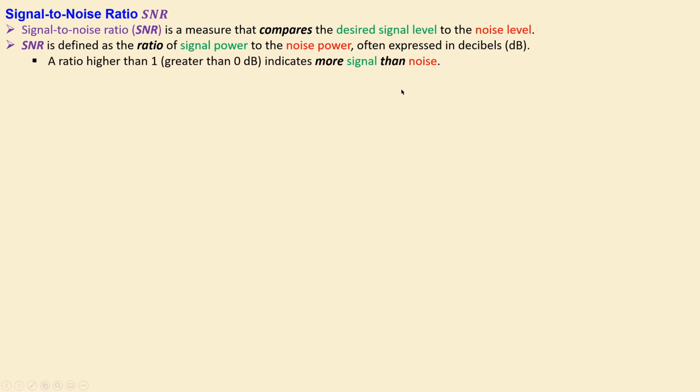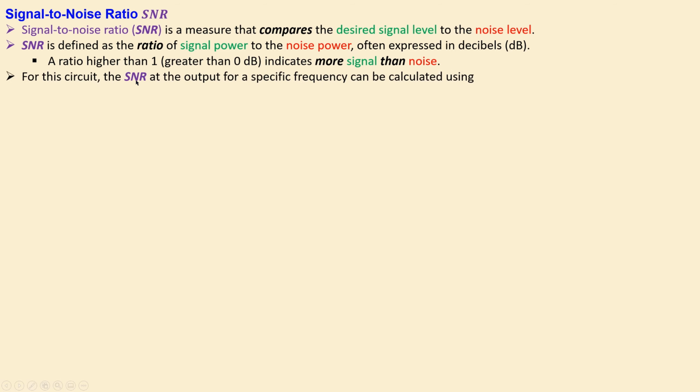So it is a ratio, so if your ratio is larger than 1 for the SNR, that means greater than 0 dB, it indicates that you have more signal than noise, which is good. But if you have a ratio which is between 0 and 1, which is then smaller than 0 dB, which is then a negative value, that indicates you have less signal than noise, or you have more noise than signal, which is then of course not what we want. What we want is of course to optimize or increase the signal to noise ratio to higher values.